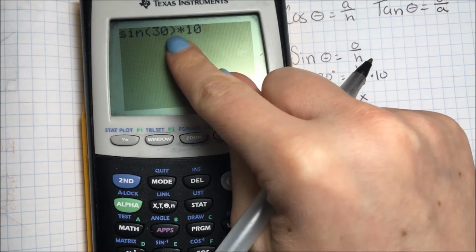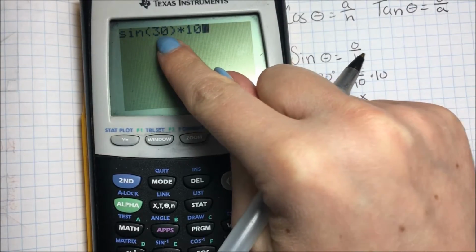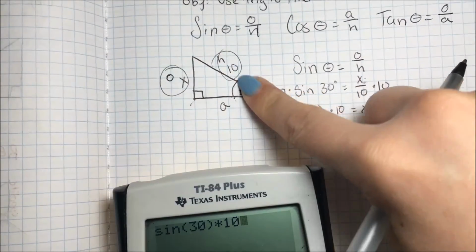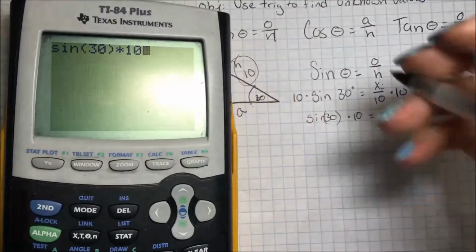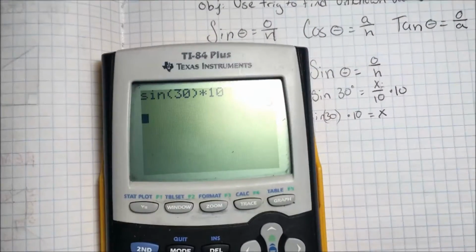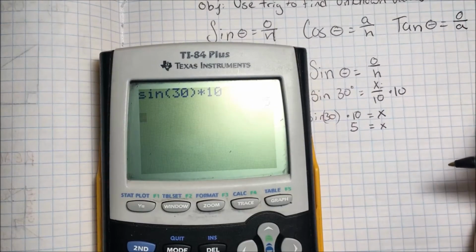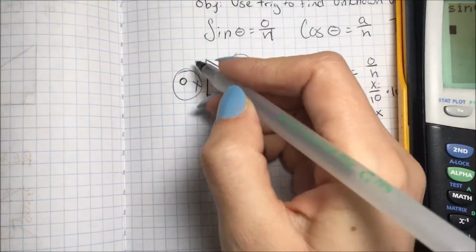The reason I want to close the parentheses here is because sine only evaluates degrees. 10 in this problem is a side length. That's a different measurement from 30, which is an angle measure. Then I hit enter and I get 5. Pretty sweet. So I know that this length right here is 5.